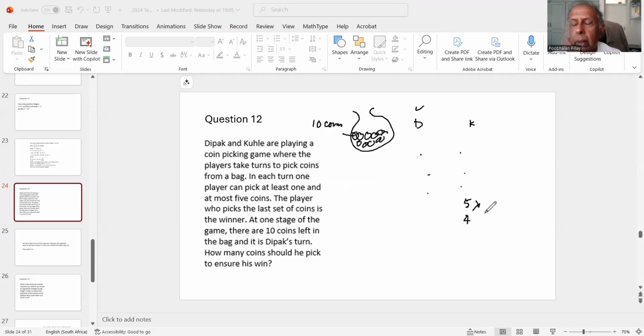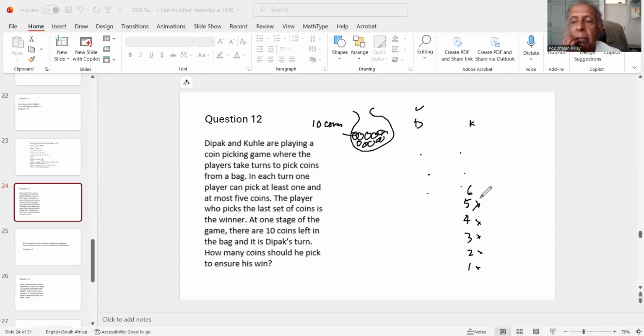Oh, wait a minute. Even if he leaves him with 4, Kushla will take the whole lot. So none of these are allowed. Can you leave him with 6?